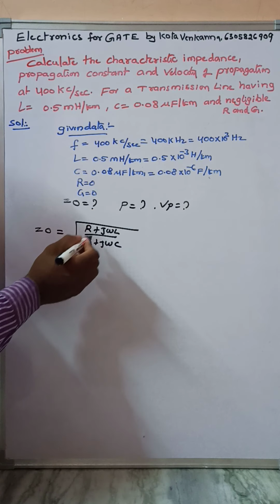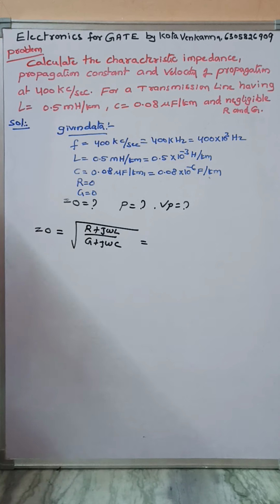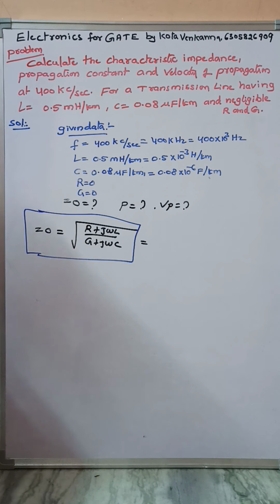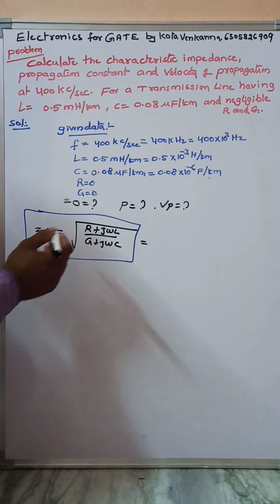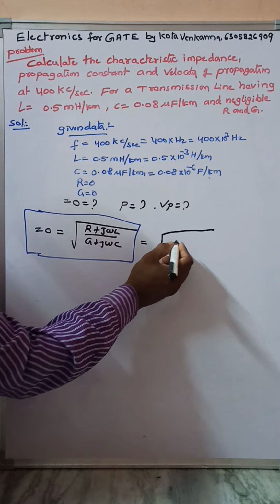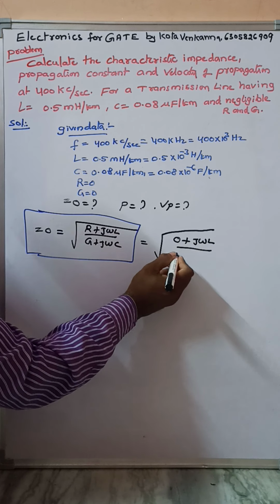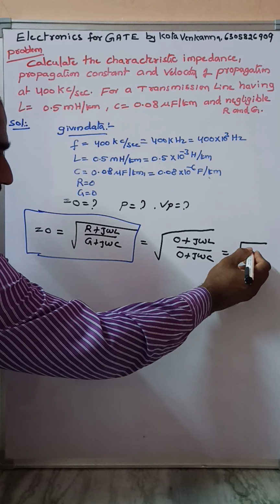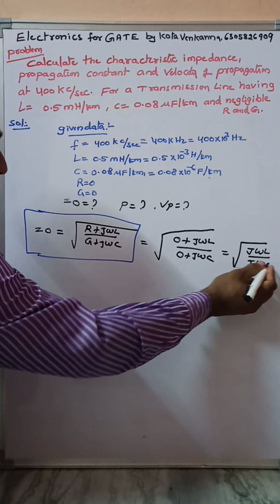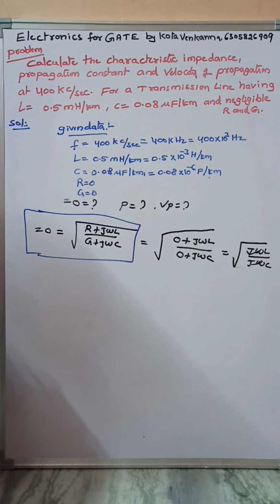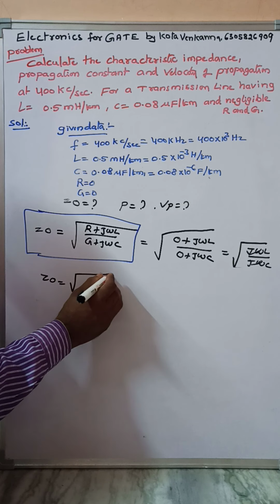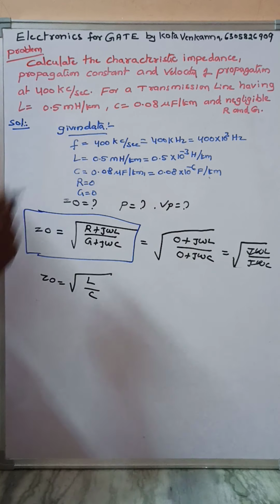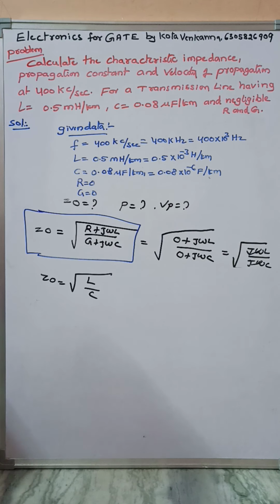Substituting R is equal to 0 and G is equal to 0, the equation becomes j omega L by j omega C. The j omega terms cancel, so Z0 is equal to square root of L by C. We have to substitute the values of L and C.